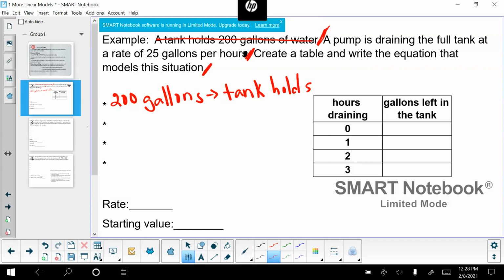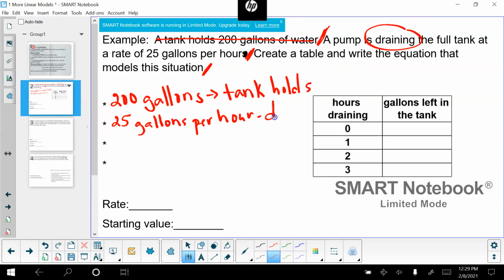So what's important there is the 25 gallons per hour. And please, again, don't just write down the numbers, write down what they mean or what they're for. So 25 gallons per hour. And I'm also going to write down that there was an important word in there, and that's that the pump is draining.